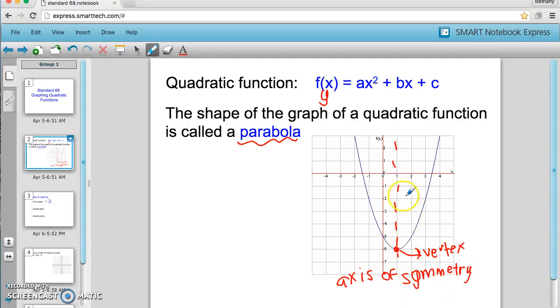Okay, and a parabola is always going to be symmetrical. Symmetrical just means the same on both sides. So here's my axis of symmetry, and my parabola is going to be the same on both sides.